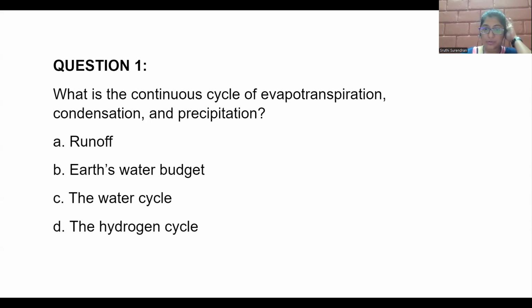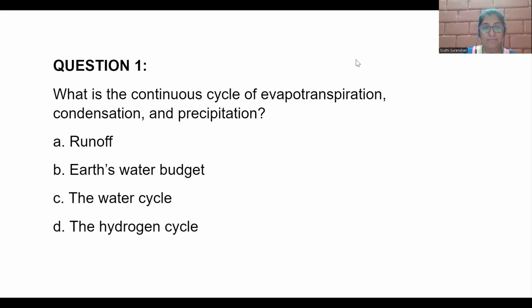Vishal and Puru, you can also try. Okay, I think I'll move on to the solution part of it. Gokula and Shalini have given C. Puru has told D.